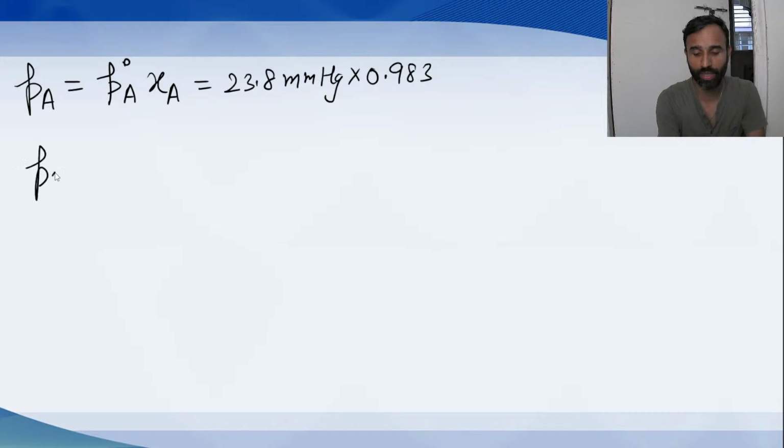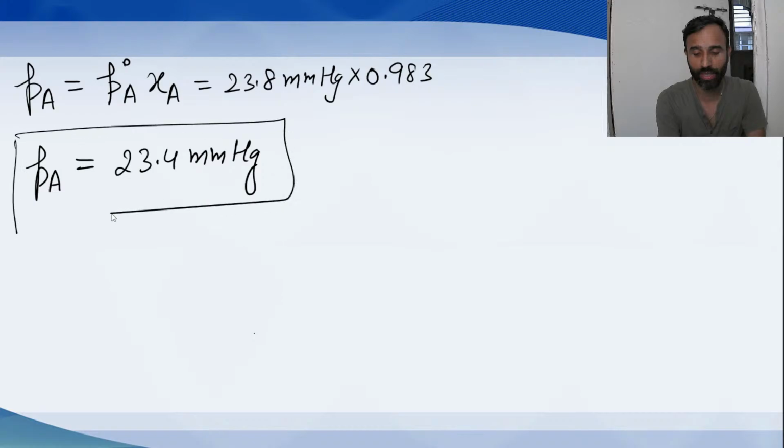So PA, that is vapor pressure of water, that is equal to 23.395. You can write it as 23.4 mm Hg. So these are the answers.